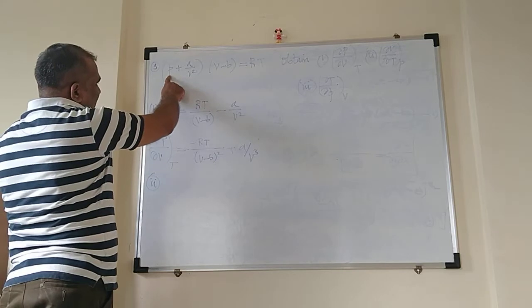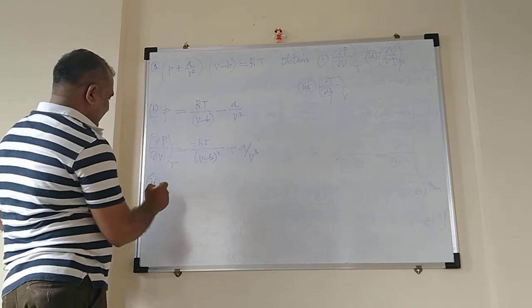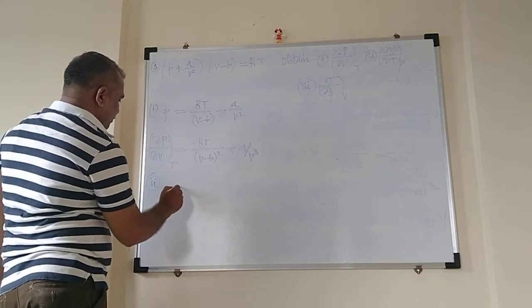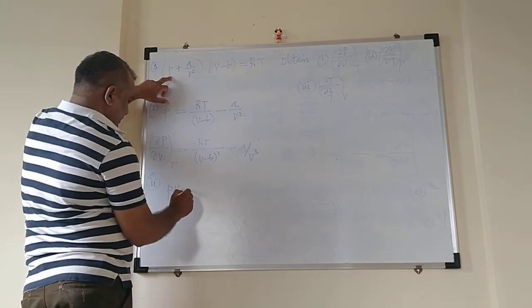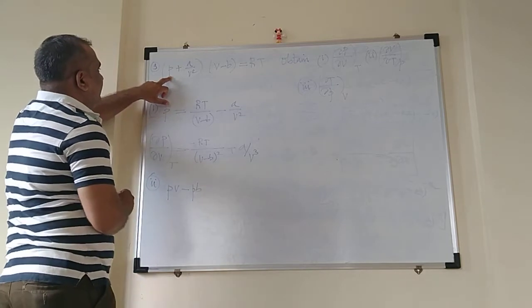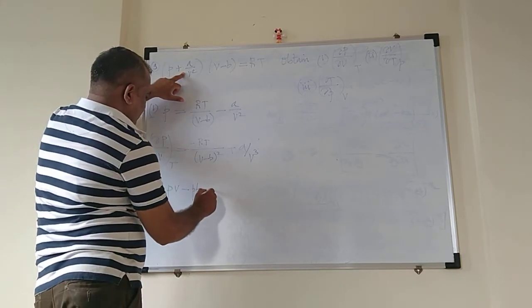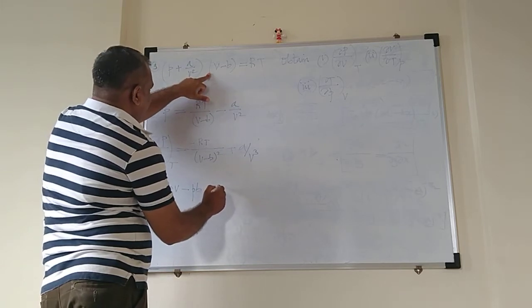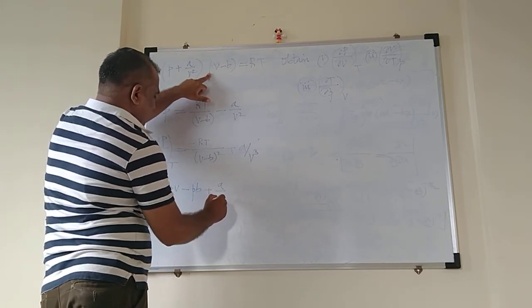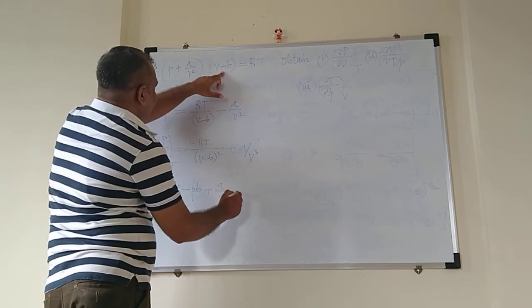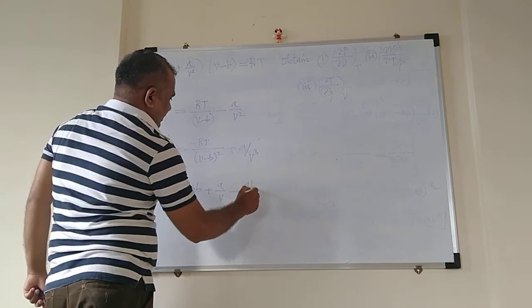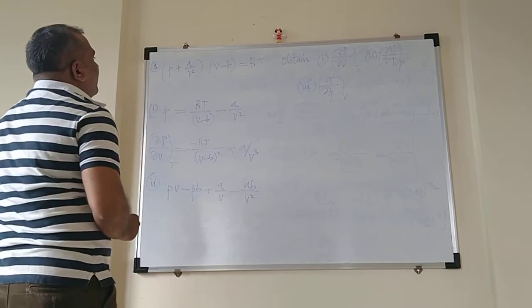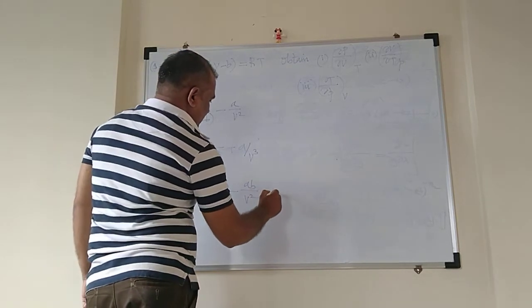So multiply each term by the other, so you will get the first term. If you multiply P to this bracket, you will get PV minus Pb, plus next you will get a into V by V², that means a by V you will get, and minus ab by V², equals RT.